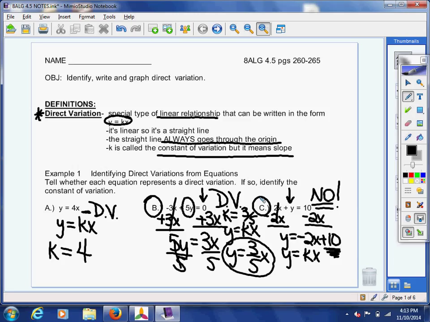If your standard form is set equal to any other number other than 0, like in letter C, where it was set equal to 10, you're going to have a constant number there, and that's going to make it not a direct variation. Okay, let's stop right here for right now. The video is going to stop in just a second, and maybe practice that later in your packet.